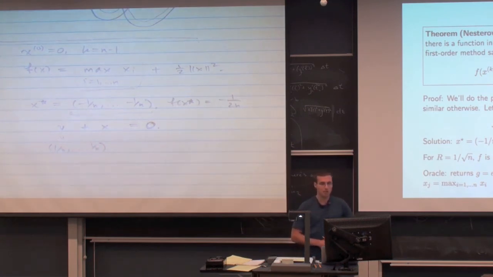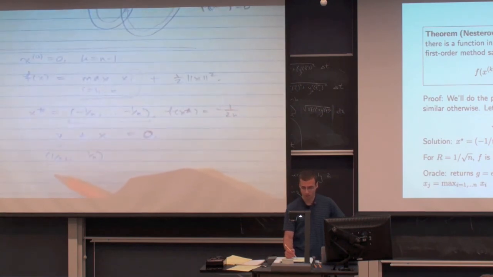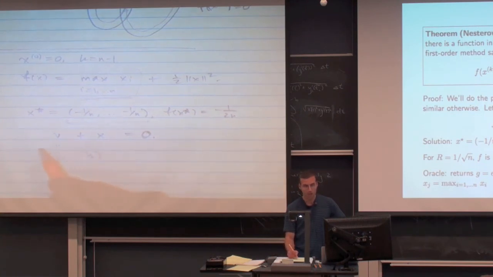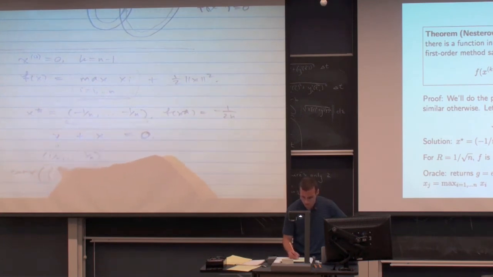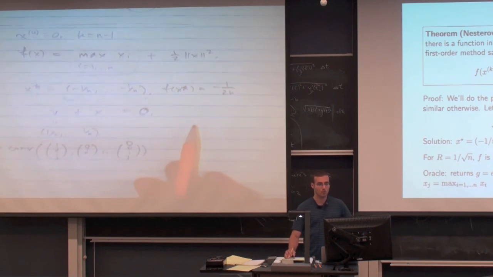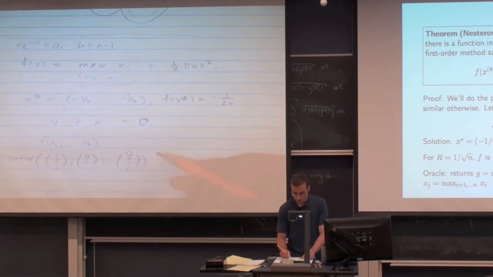So I can take, in particular, the point 1 over n, 1 over n, dot dot dot, 1 over n in each component, because the subgradient of each component is 1, and they're all active. So this is a point in the convex hull of these vectors. All right, so that's a valid subgradient at x star, according to that rule.